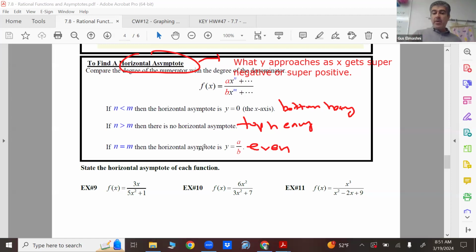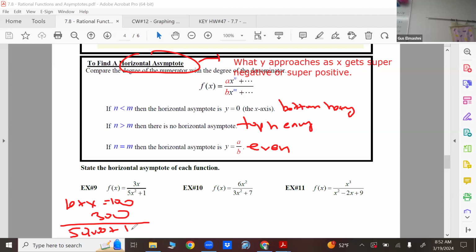And this one is kind of even, because they're both the same degree, so you just take the ratio of their coefficients. Think about it: 3x over 5x squared plus 1. Let x equal 100. What would happen? You have 300 over what? 50 thousand plus 1. Someone offers you $300 or $50,000, which is bigger?